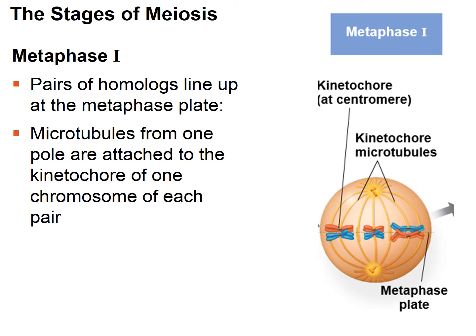Now, a key thing to notice here as well is that if you look at the chromosomes lined up along the metaphase plate, it's random. In 2 of the 3, the father, which is in blue, is closer to the bottom pole. In the 3rd one, the mother is closer to the bottom pole. So it's random how they line up in the center along that metaphase plate. That also leads to genetic diversity.